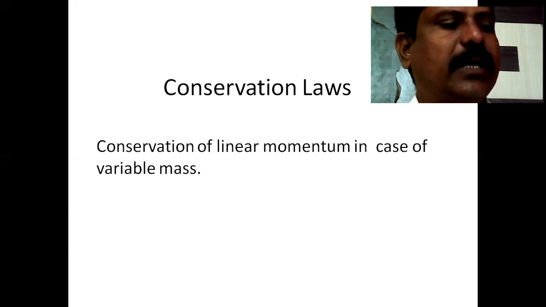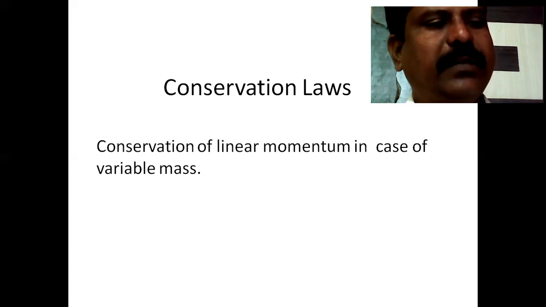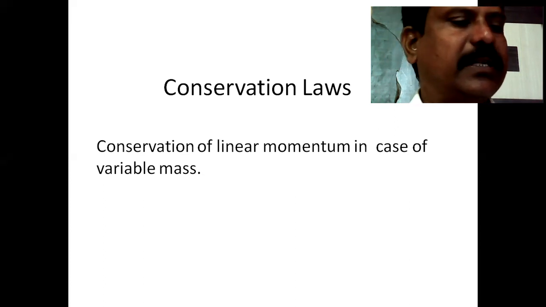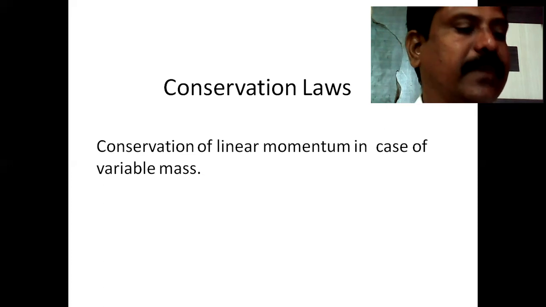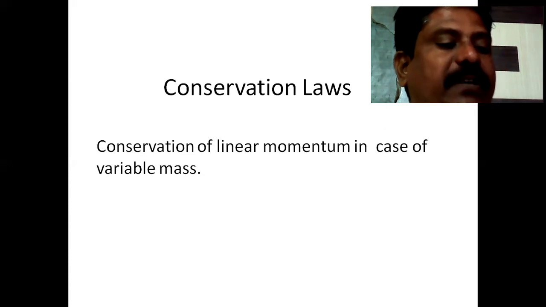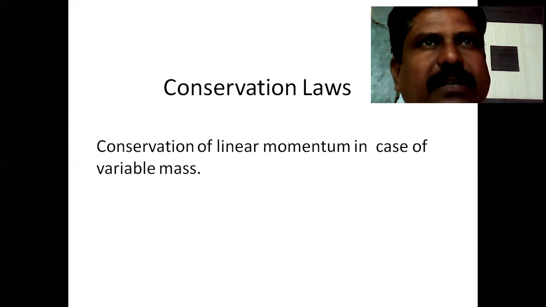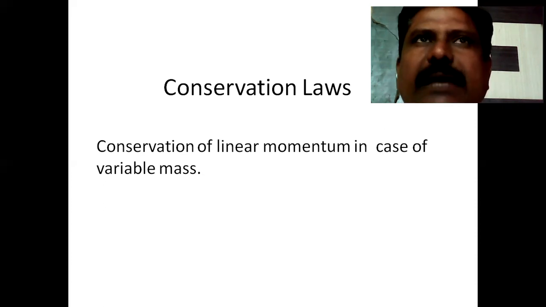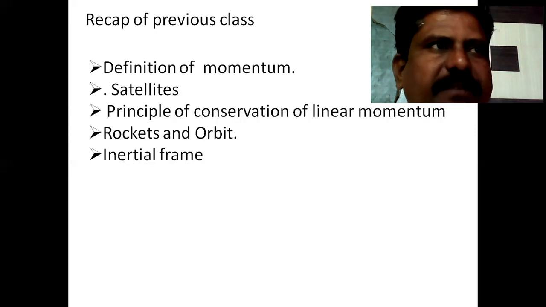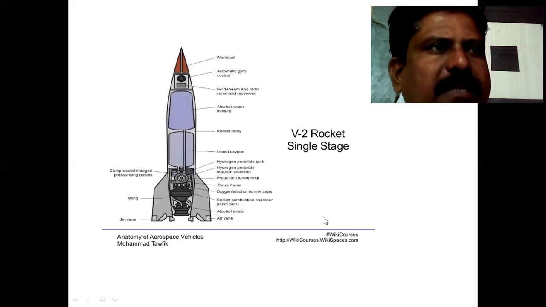Next, as I already mentioned, it is based on the principle of conservation of linear momentum. So now let us derive the expression for the velocity of a single stage rocket. What is the velocity of the rocket that we want to derive in this class? This is a diagram of a rocket.